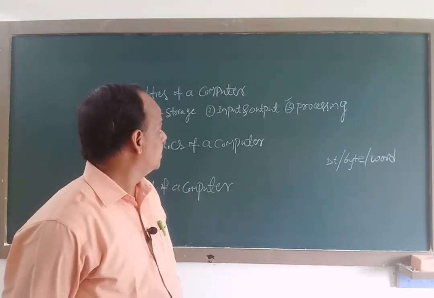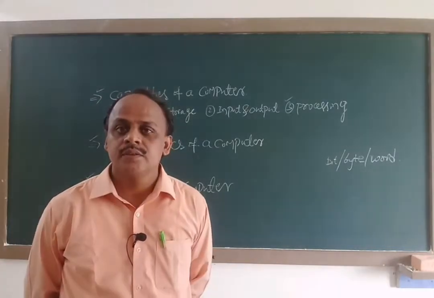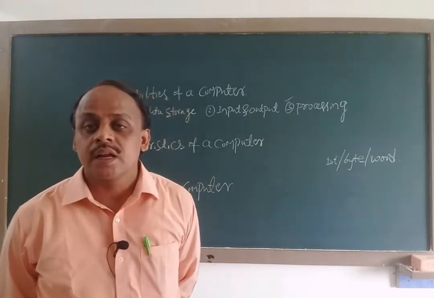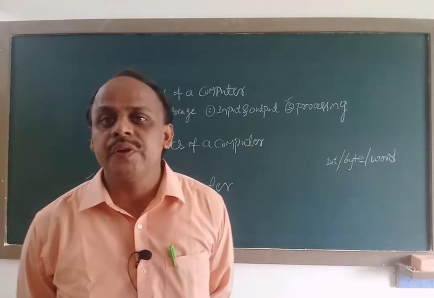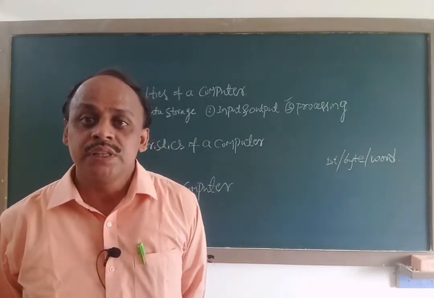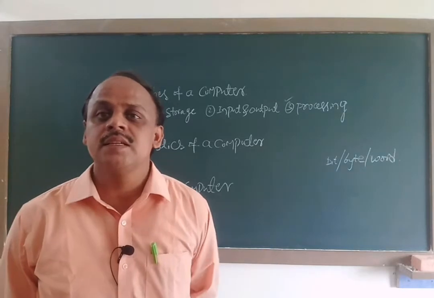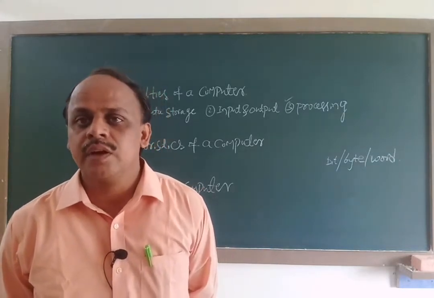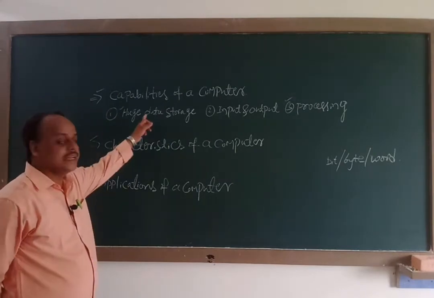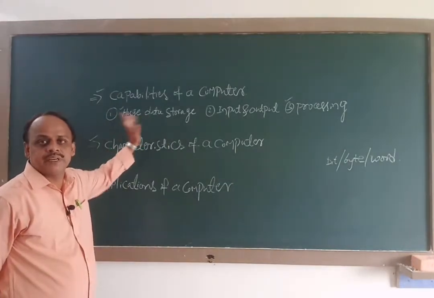Third one, processing. What is processing? After receiving input from the user, system or computer is going to work on it to produce output. This work is considered as processing. Okay, so these 3 points are considered as capabilities of a computer.